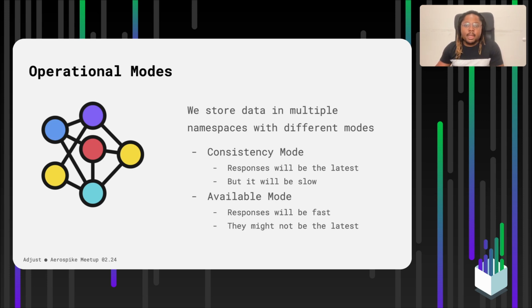So in a consistent mode, you will get the latest response for every request, but it will be slow. And in an available mode, you will get fast responses, but there's no guarantee on the freshness of the data.